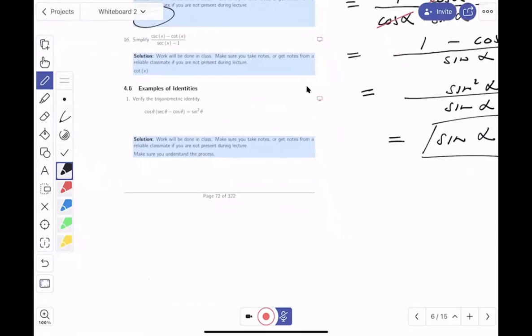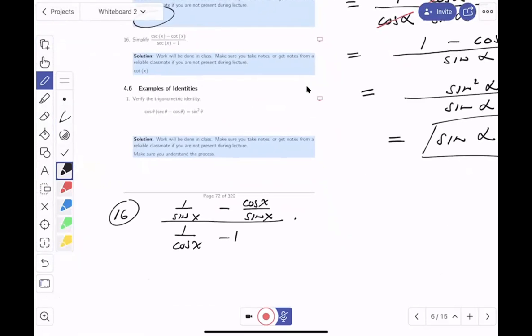Write it over here. And what do you see there? Cosecant. I'm going to write that as 1 over sine. The cotangent, that's going to be cosine over sine. The bottom is 1 over cosine minus 1.